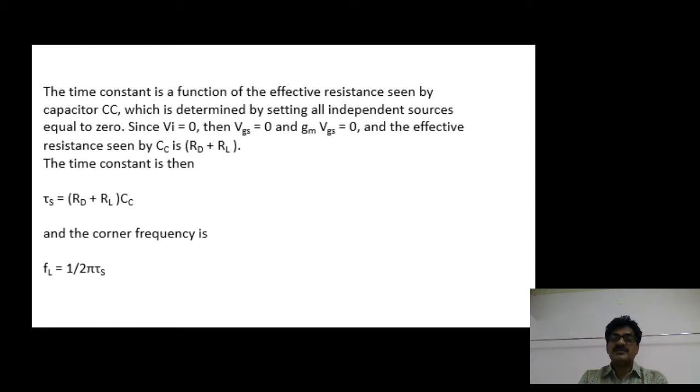GM VGS is the current source value, and it is treated as an open circuit. Therefore, the effective resistance looking through the coupling capacitor is RD plus RL, and hence the time constant is defined as tau s equal to (RD plus RL) into CC.